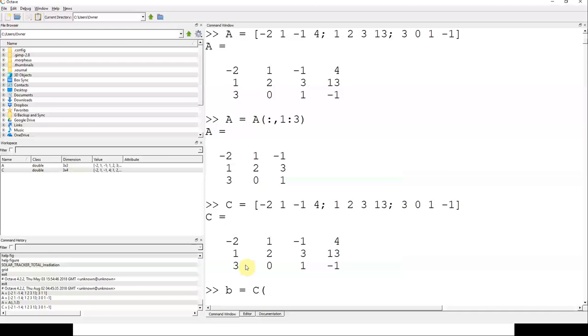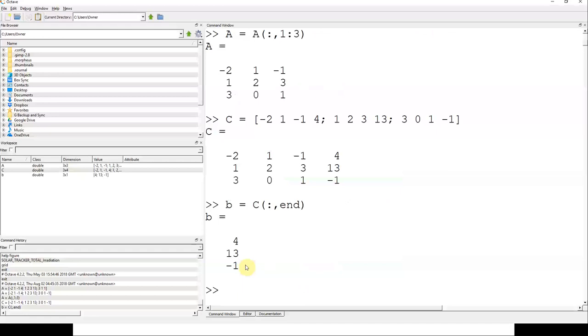Remember, these are the references or the indices. All rows but the last column. Remember, whatever is after the equal refers to the column. Last or end. Use end. Okay?